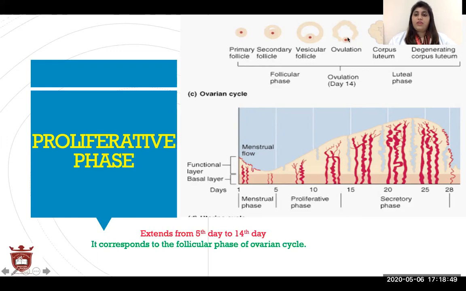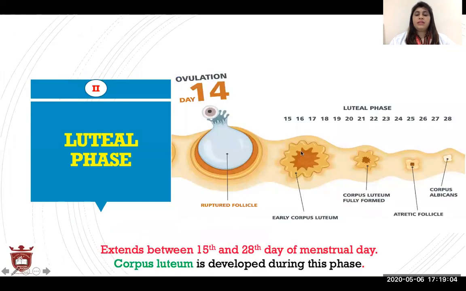Once ovulation occurs, the remnant part of the follicle is the corpus luteum. Now we are in the luteal phase. Corpus luteum appears in the luteal phase, which extends from 15 to 28 days.